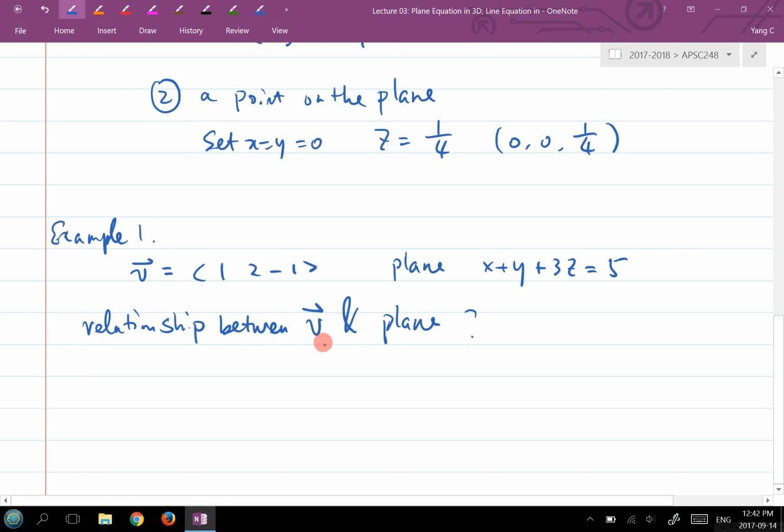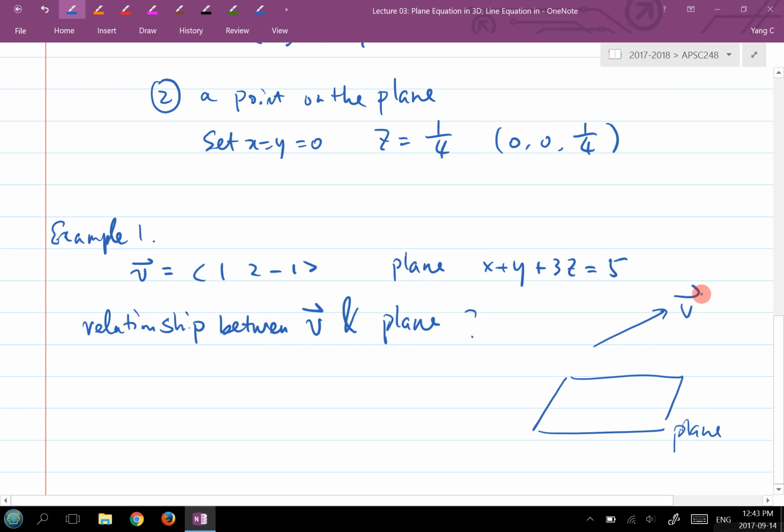Okay, so let's think about this one. What type of operation can you use to determine the relationship between this plane and this vector? If this is the plane right here, the vector could be directly on top of it, which means it's parallel.